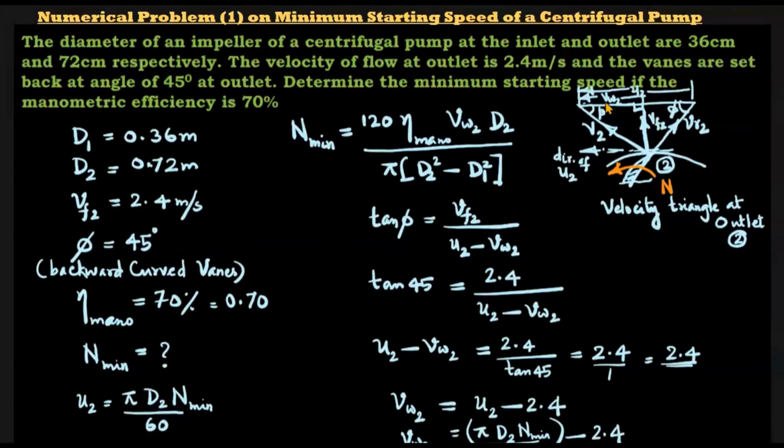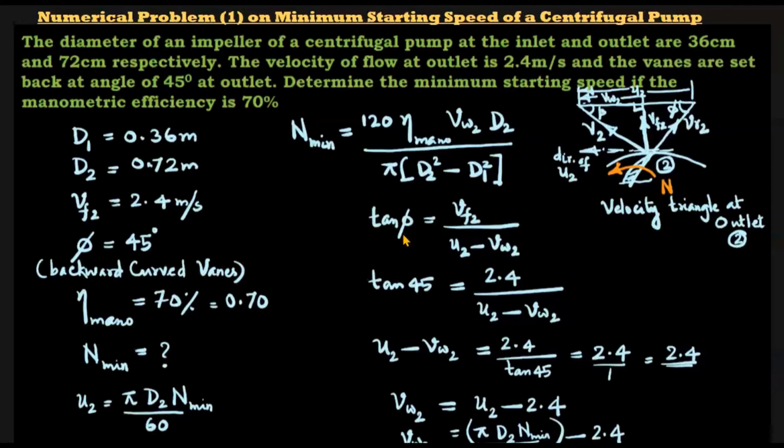For the complete side of this triangle is U2, out of which this much is VW2. So this portion, what I'm indicating by the mouse cursor, is U2 minus VW2. So tan phi is equal to VF2 divided by U2 minus VW2. So tan phi, which in this case is tan 45, is equal to VF2, which is available. Velocity of flow at outlet is 2.4 meter per second.